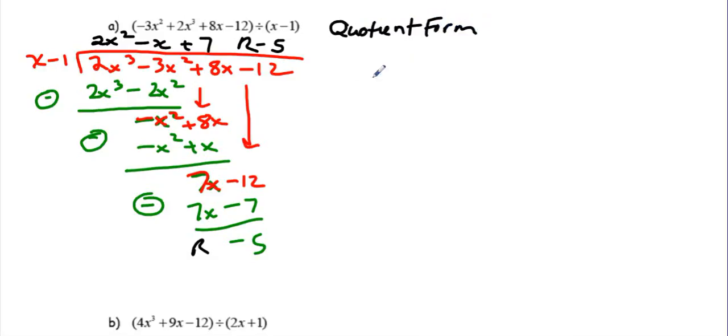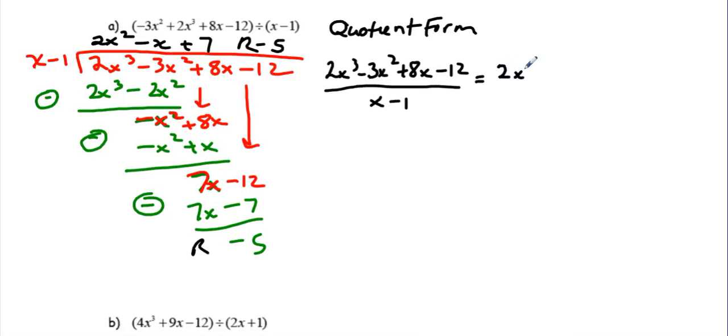I would write it in either way. It doesn't really matter. 2x cubed minus 3x squared plus 8x minus 12 is fine. Or the original form is fine too. Divided by x minus 1 is equal to the quotient, which is 2x squared minus x plus 7, minus 5 divided by x minus 1.